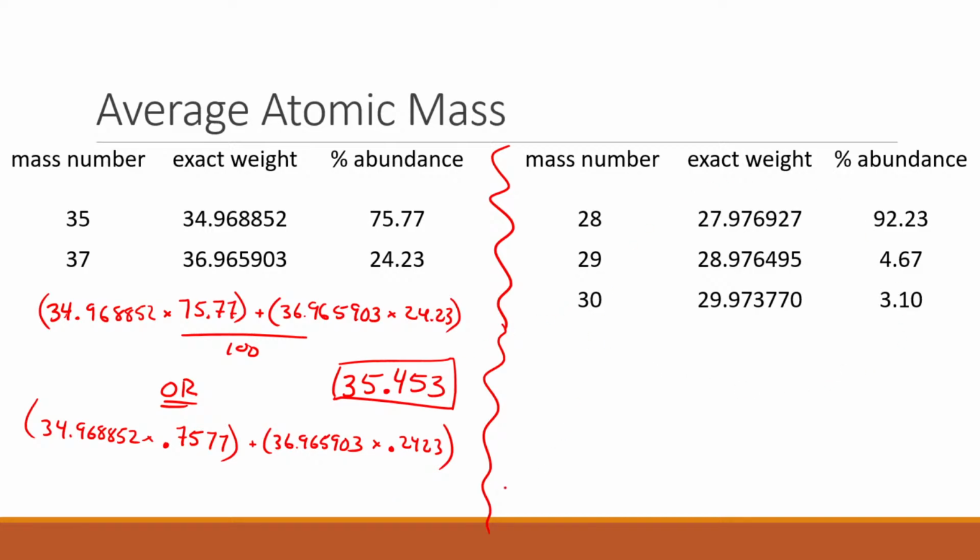For this last one, instead of 2 isotopes, you have 3, which just means one more set of parentheses for you.